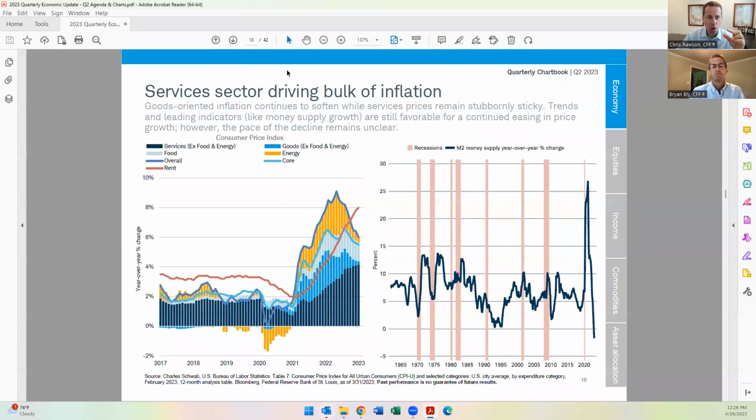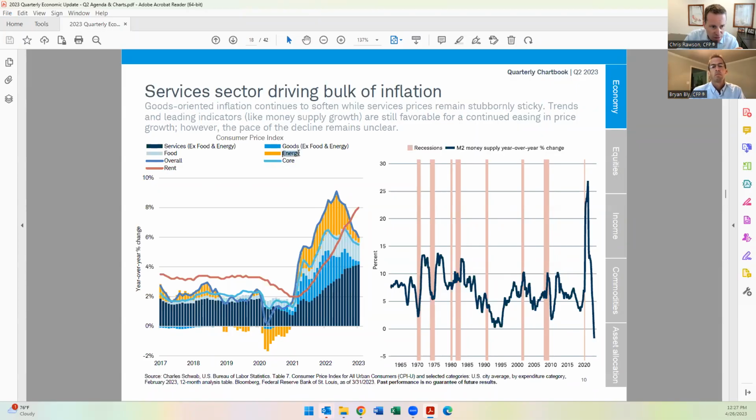And so when we show this in more detail with Charles Schwab's chart, you see the same thing. Here's the core in this lighter blue line where you see the core coming down, and then you have goods overall here.